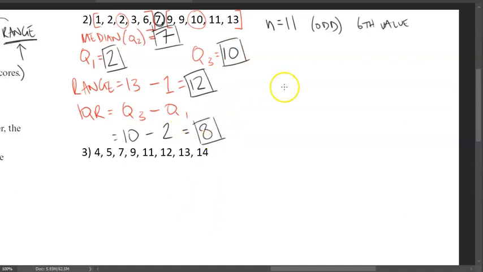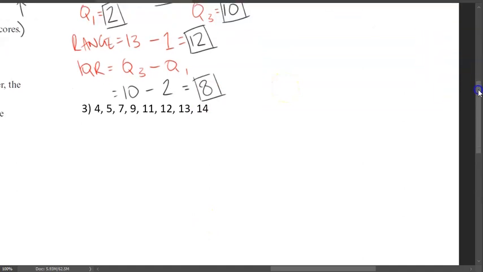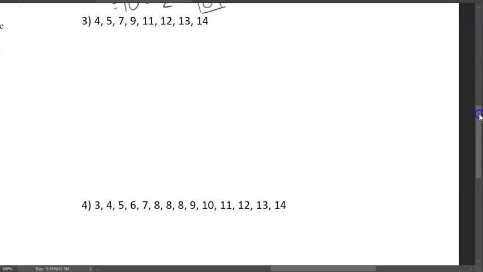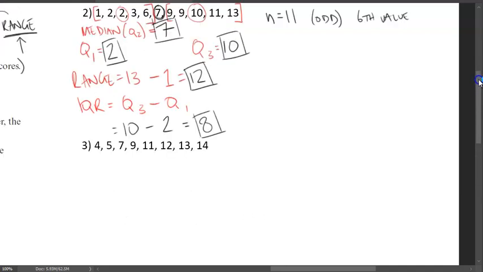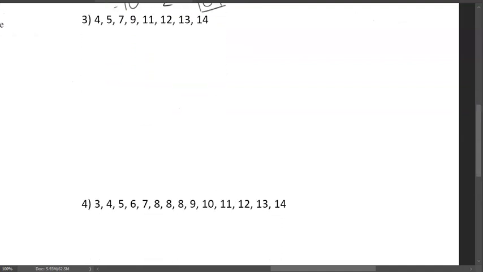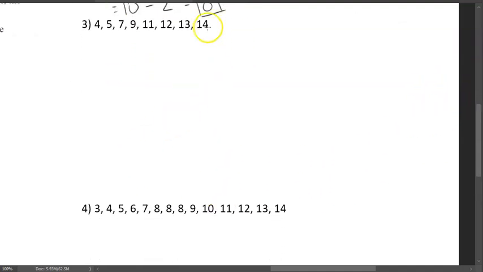Okay, again, bit of practice, takes a while to wrap your head around it. And the reason why is because there are going to be now scenarios where the amount of data points that we have is actually even, and this is what we're going to look at here. Scenario 3, or question 3, and scenario 4.